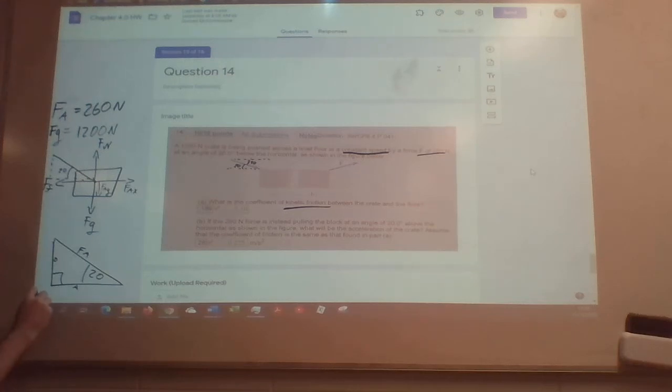So the horizontal component, FAX, is equal to FA, 260, times the x is adjacent, so cosine of known angle 20, and FAY will be the same, but sine. And we can actually get numbers for both of those.